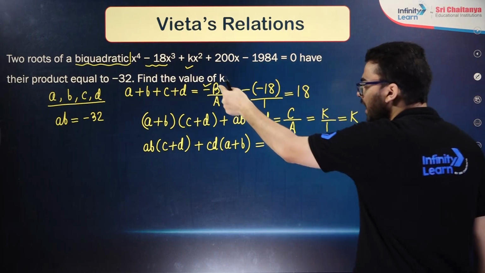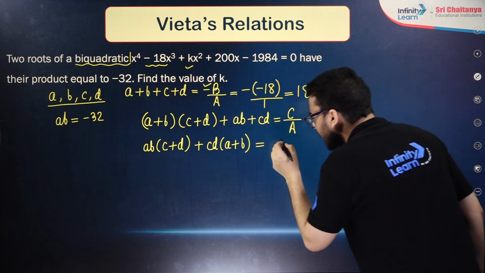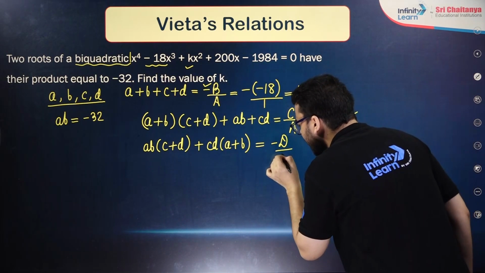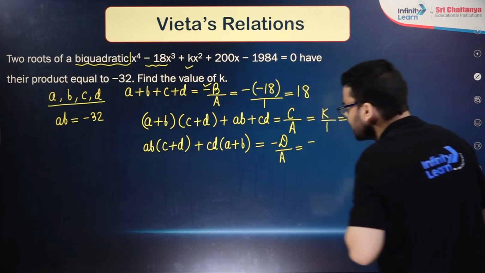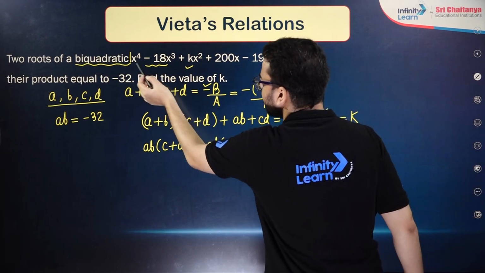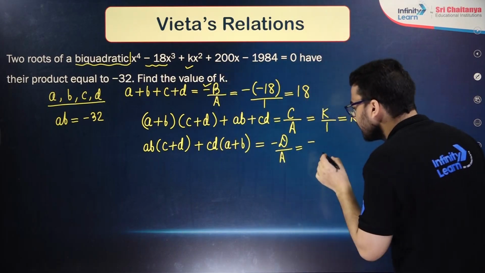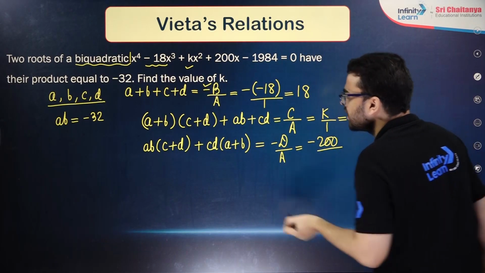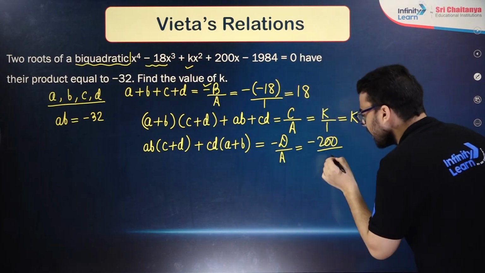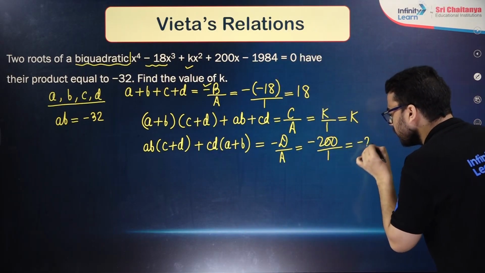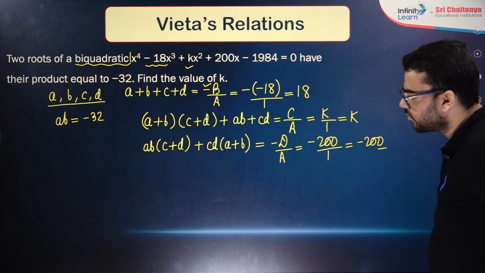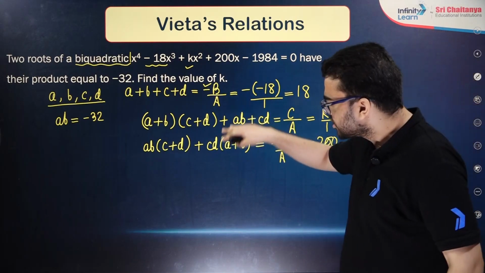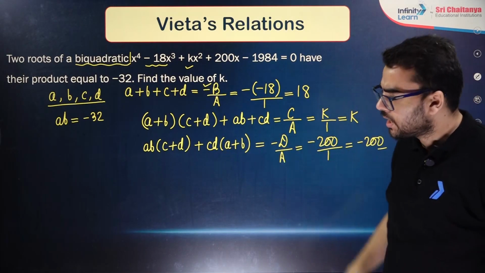See the pattern: minus B by A, C by A, it will be minus D by A. So minus, what is D over here, guys? You see A, B, C, D, that is basically 200. And the coefficient of x raised to the power 4 is 1. So that is minus 200 over here. That is minus 200, right? These are the relations which we are using over here.